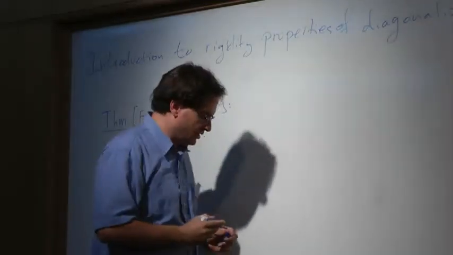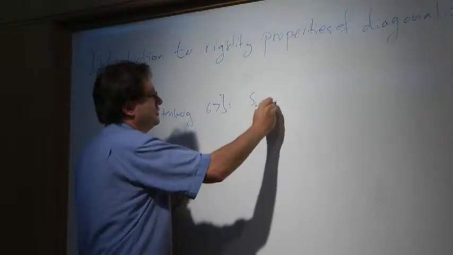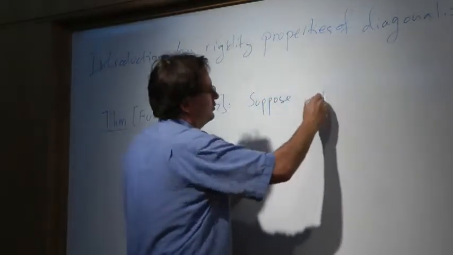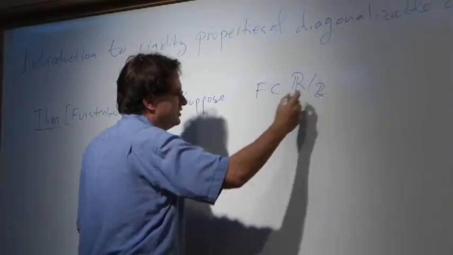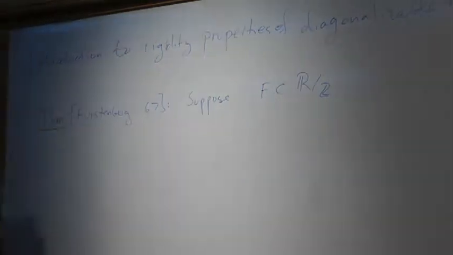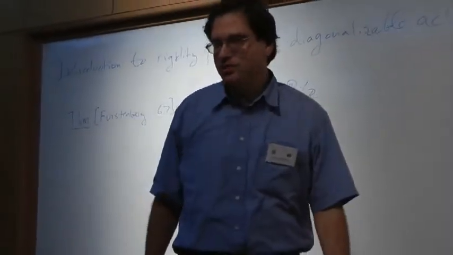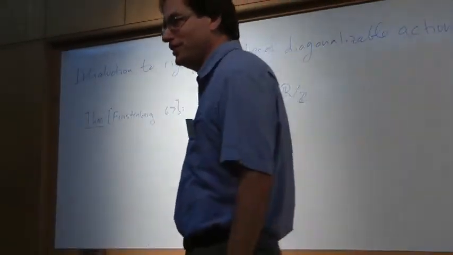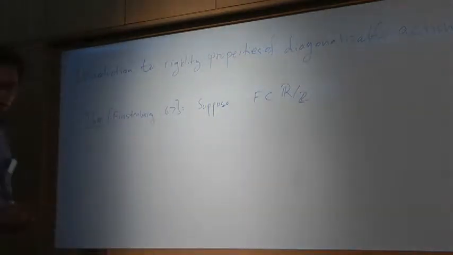So, the theorem says the following. Suppose I have a set F inside R modulo Z, so like Manfred, I'm looking here at a Lie group G divided by lattice gamma, but my Lie group is a fairly simple Lie group, and my lattice is a fairly simple lattice at the moment.